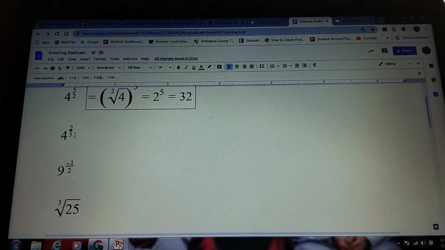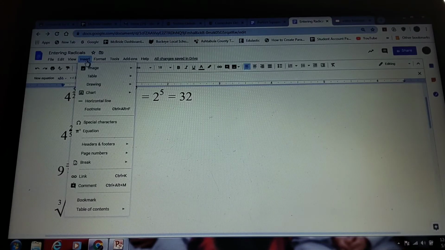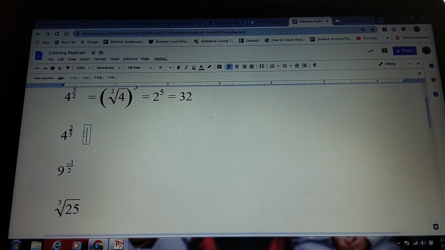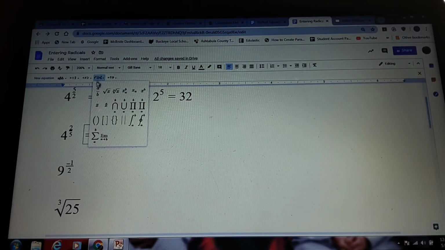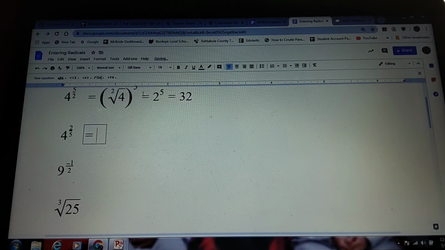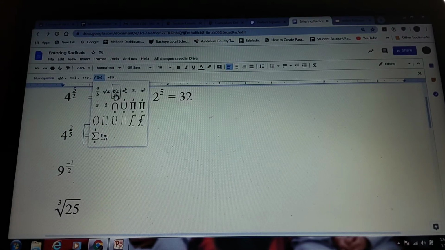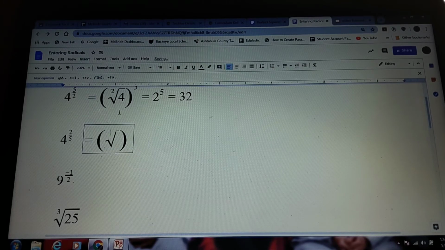Okay, we're going to practice this again. So I come down here to the next problem. Hit Insert, Equation, Equals. Okay, go to your math toolbar, hit X to the B, then hit parentheses, and go back to that toolbar and hit the radical.